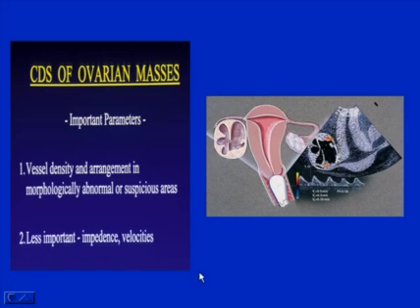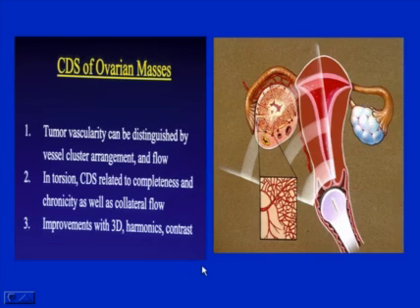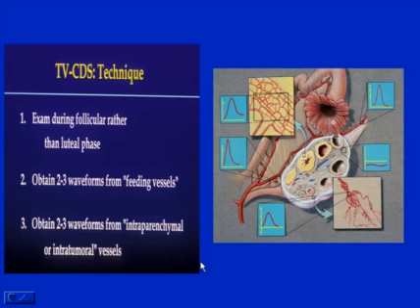Now, color Doppler, I think, is helpful in looking at vessel density and arrangement in morphologically suspicious areas, and less important are the actual impedance and velocities. And with 3D, we can depict the vessel density, which I'll refer to later in the talk, and quantify this very important parameter.